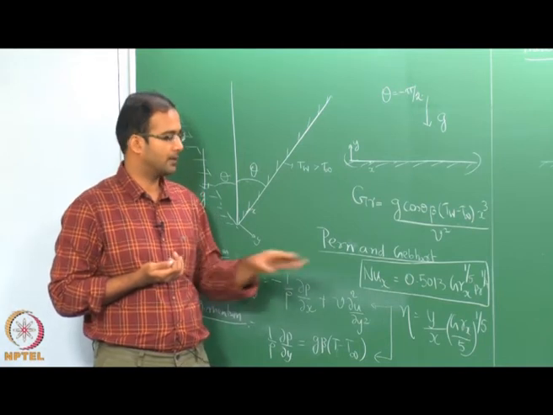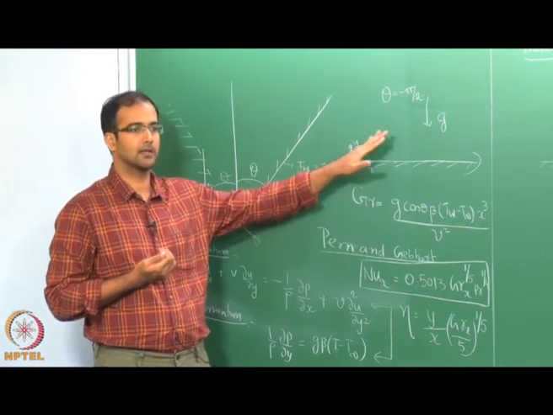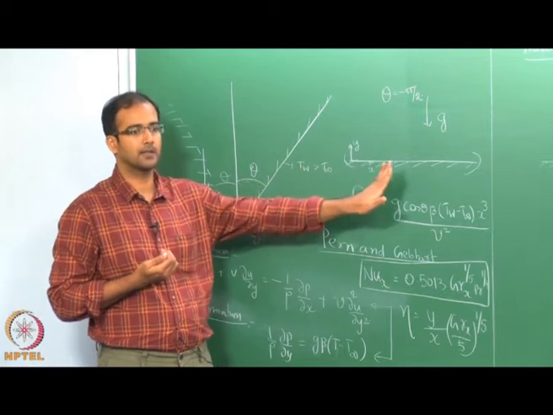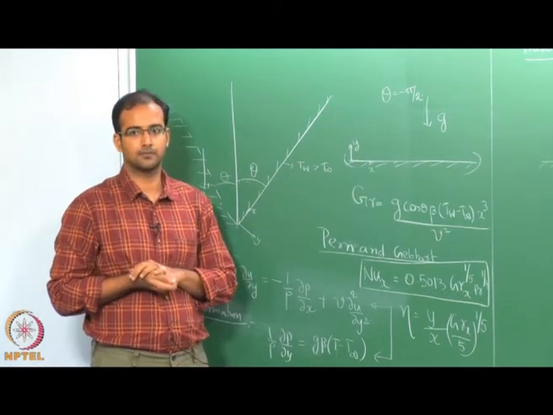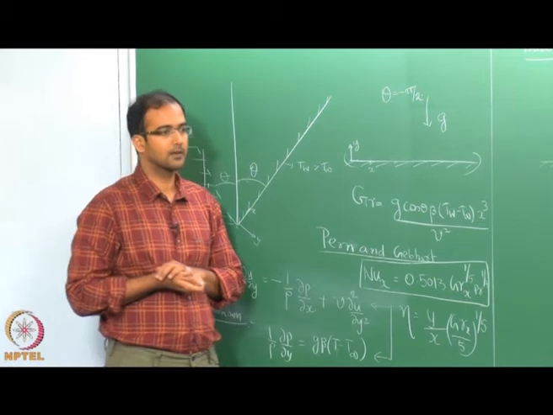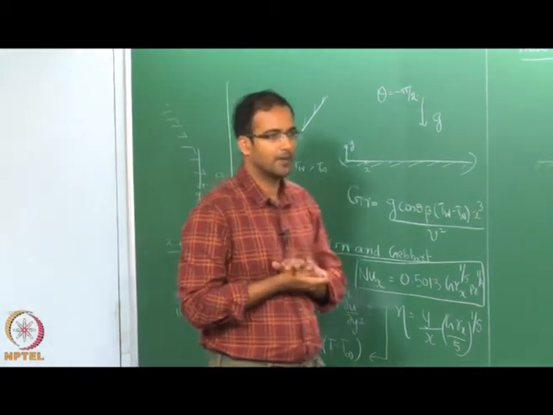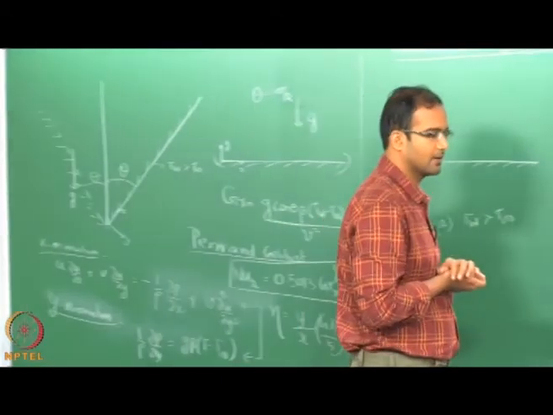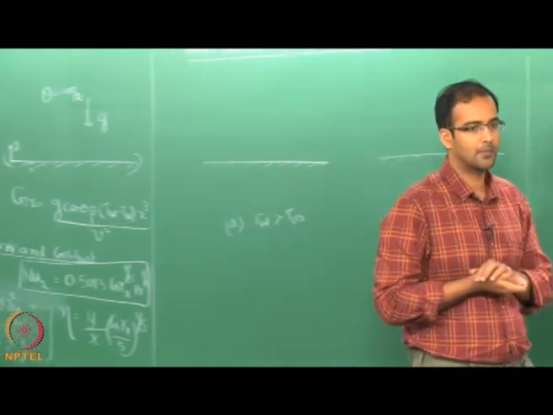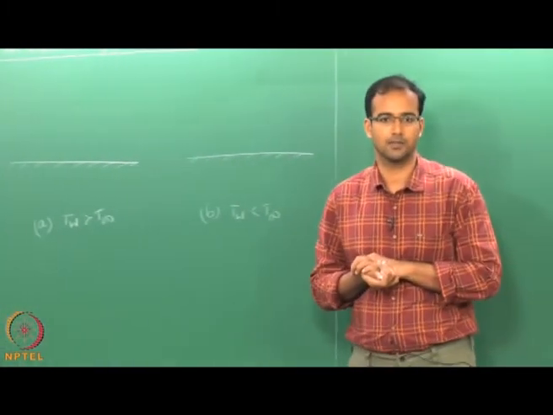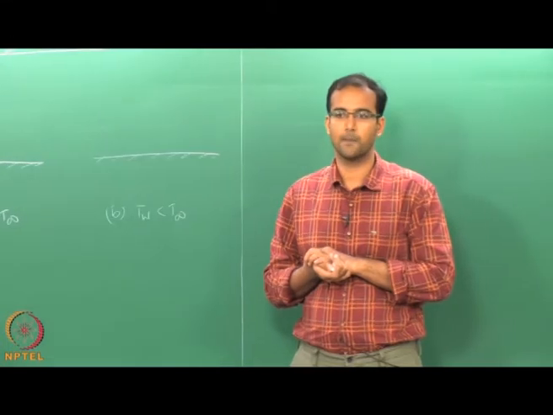But while deriving the similarity solution, it has been assumed that that is not going to impact the local heat transfer. Okay. So, of course, we have to make some assumption in that case. If you also include the vertical momentum, you cannot find a similarity solution, right.